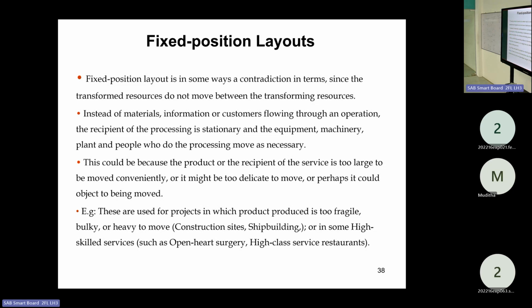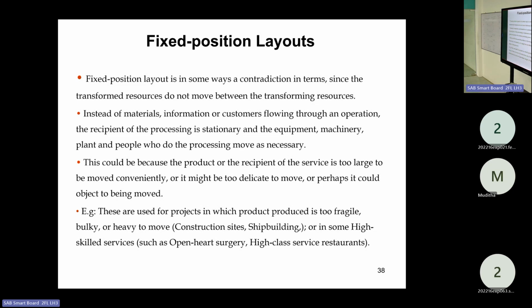Such we call fixed position layout. Just assume large scale ships. In such manufacturing, it is constructed while keeping at one place. Understood?